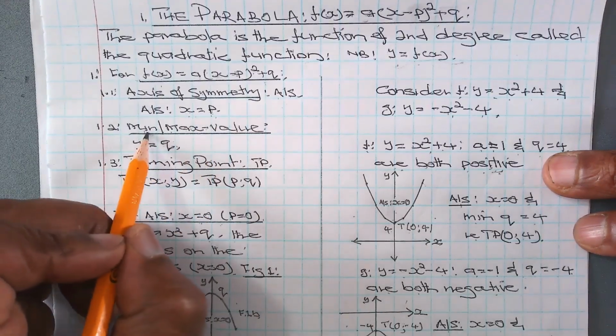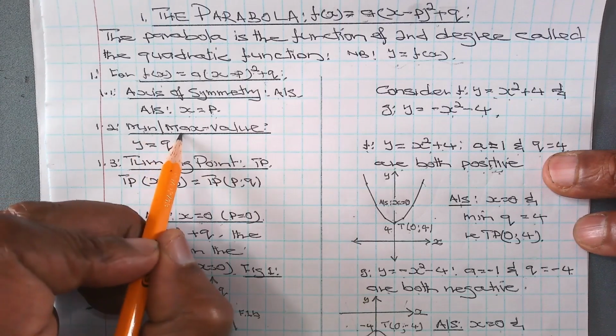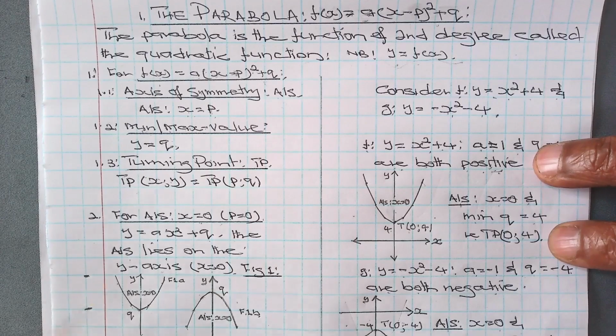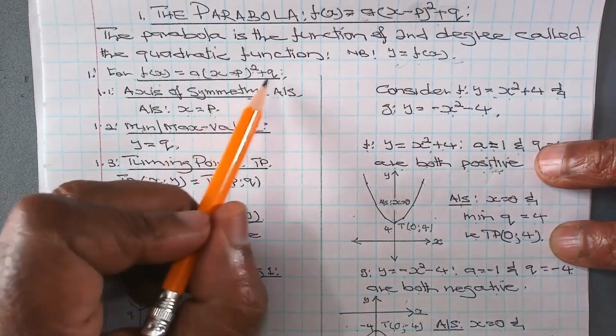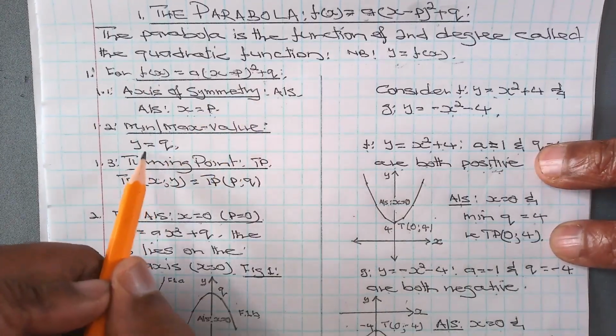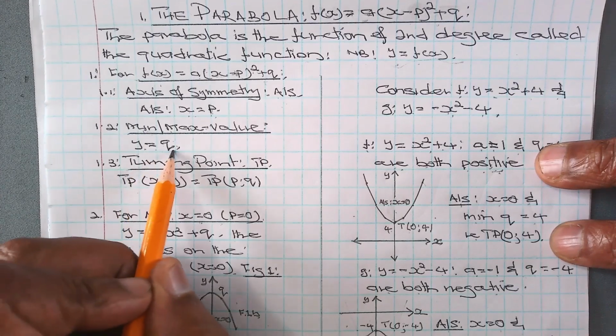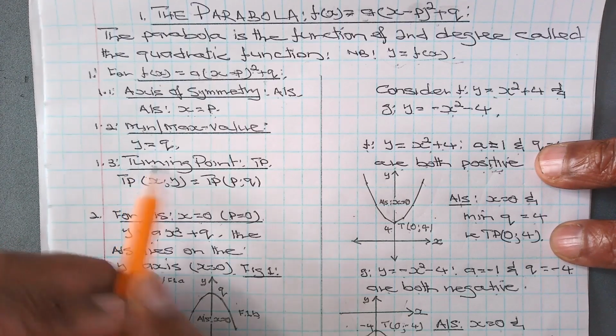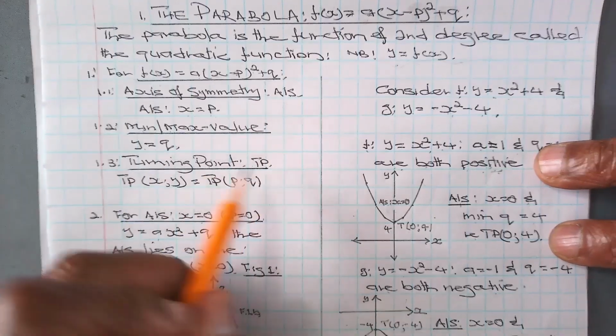Then we have what we call the minimum or maximum value, which is q. Therefore, y will be equal to q. Then we have number 3, the turning point, TP.